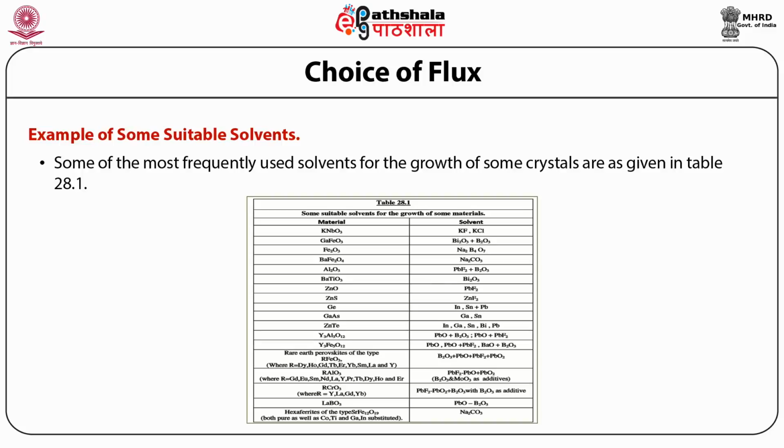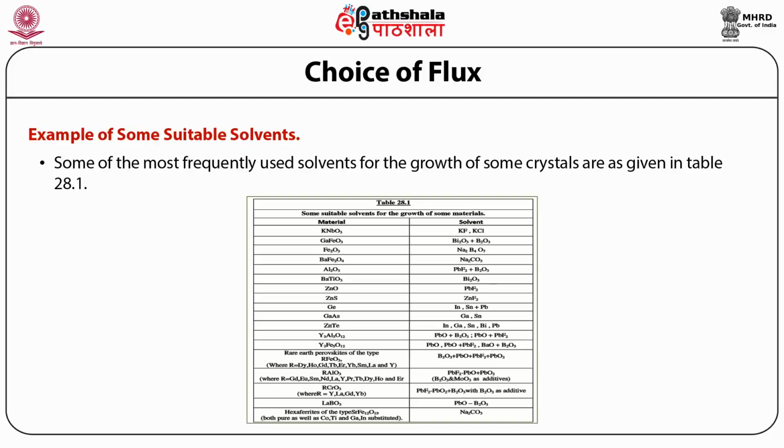For the materials of rare earth perovskites of the type RFeO3, where R is the rare earth representing Dy, Ho, Gd, Tb, Er, Yb, Sm, La, and Y, the solvent used is B2O3 plus PbO plus PbF2 plus PbO2.